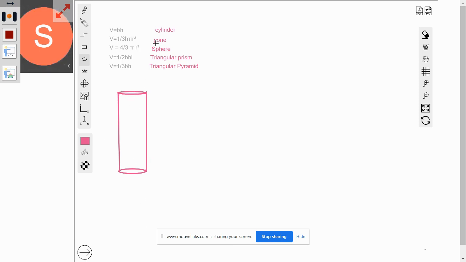Now, a cone. I think you guys know what this looks like, but just in case, let's draw something like this. So we have two lines which intersect right here.